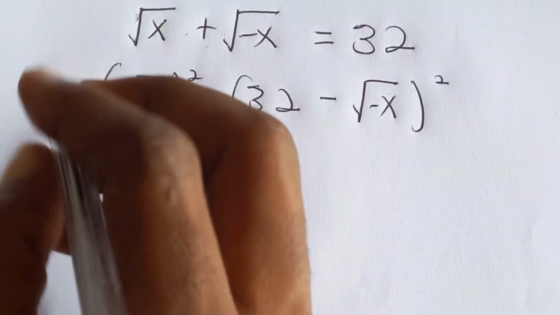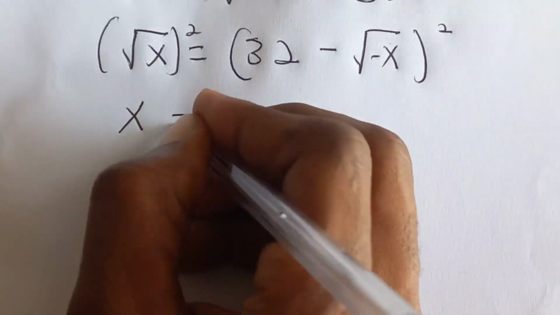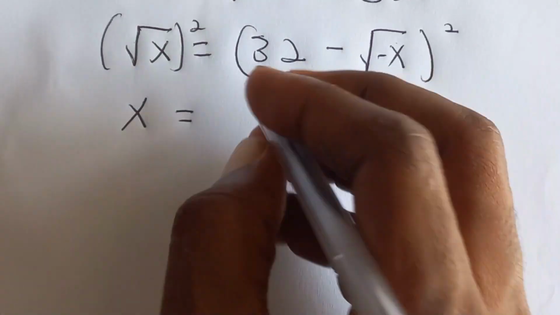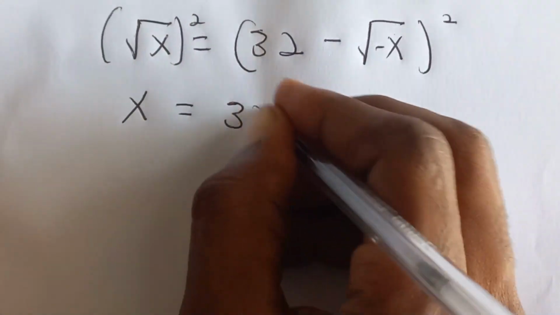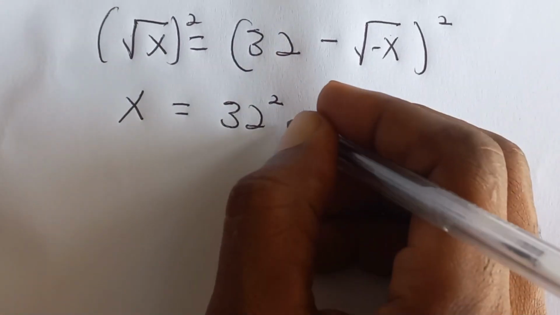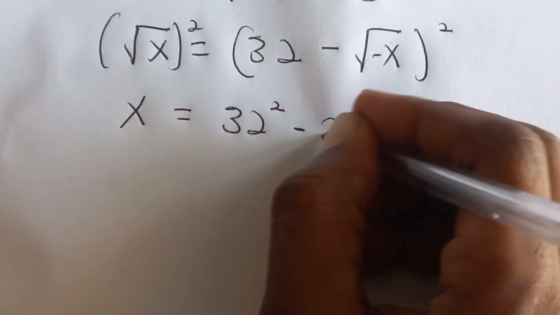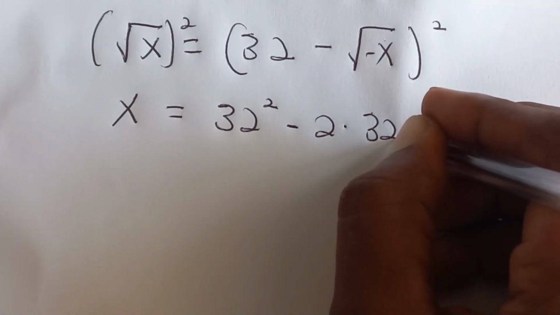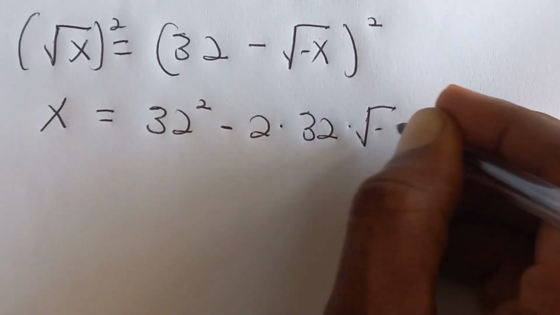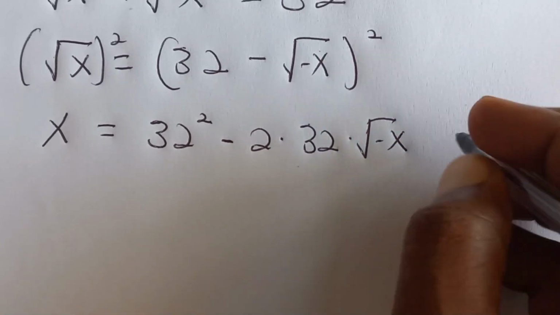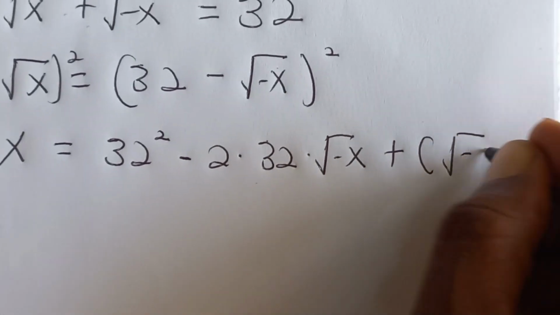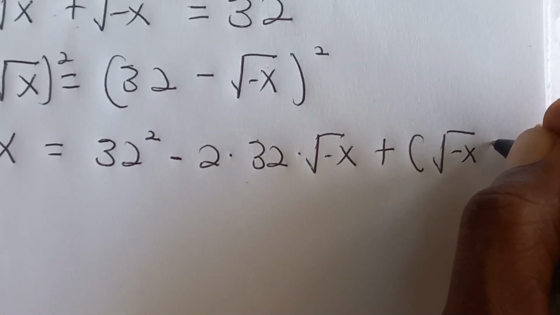So I'm going to get x is equal to 32 squared minus 2 times 32 times root of negative x plus root negative x squared.